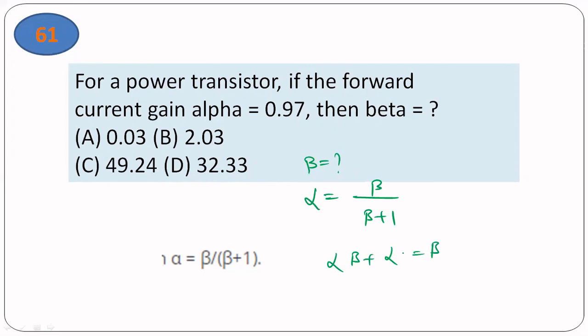Now substituting alpha as 0.97, 0.97 beta plus 0.97 is equal to beta. The complete solution turns out to be 32.2. You can refer to the answer, which is the option.